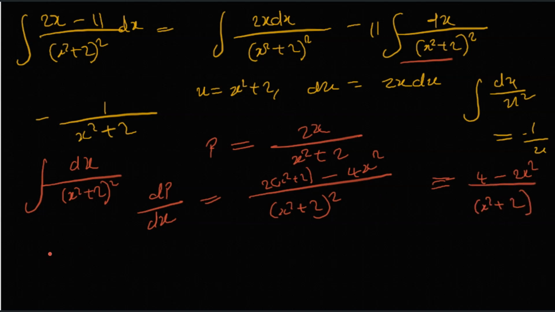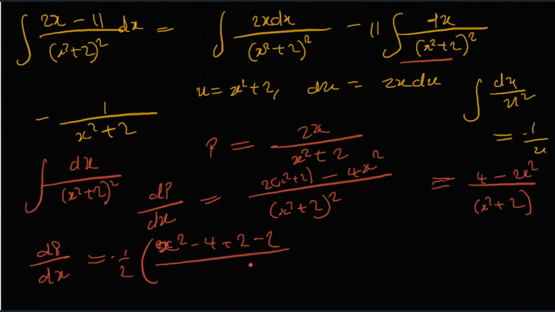So I can always write dp over dx to be equal to, how do I group it now? I want to write this as half of negative 1 over 2 times 2x squared minus 4 plus 2 minus 2, all divided by x squared plus 2 all squared. I forgot to write the square here.